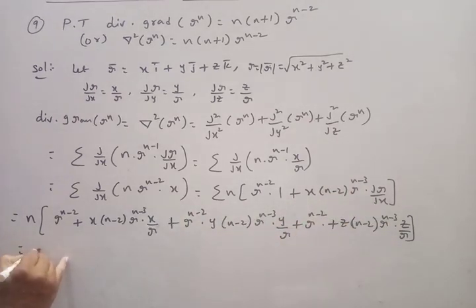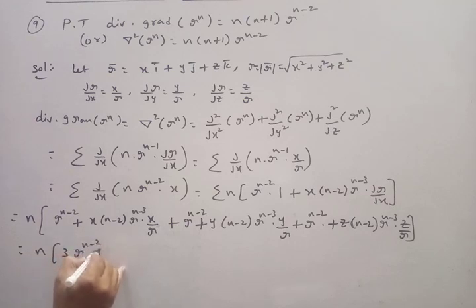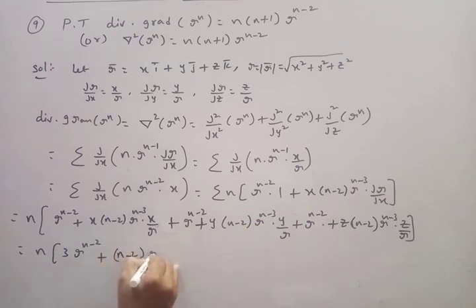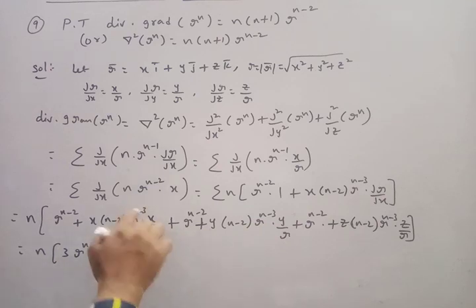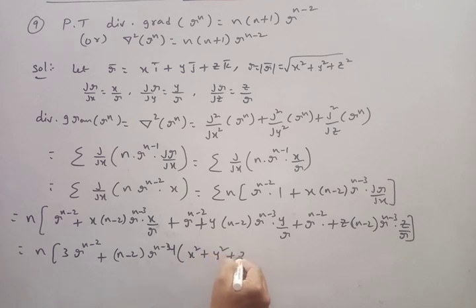Correct? Dou r by dou x we get x by r, similarly y by r and z by r. So n into r power n minus 2, plus over here r power n minus 2, r power n minus 2. How much is it? 3 r power n minus 2. So here and here and here, n minus 2 r power n minus 3. So this r will come up, r power minus 4 will come out, x square, y square and z square.